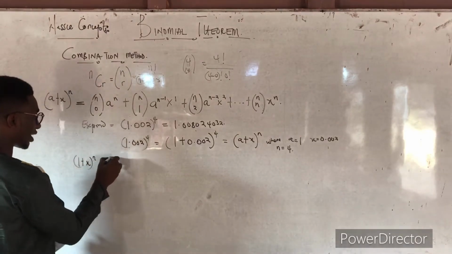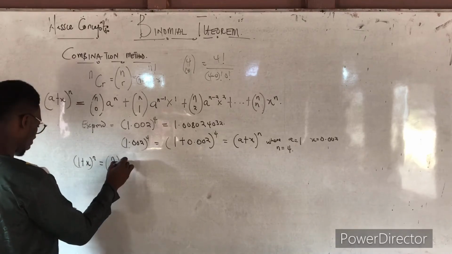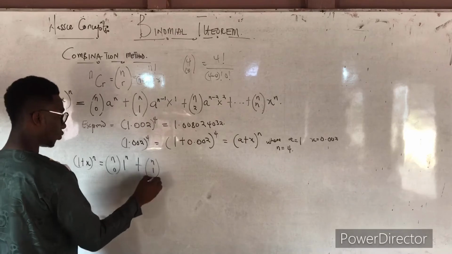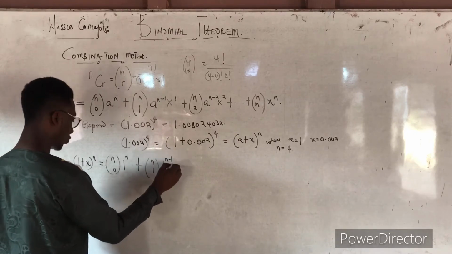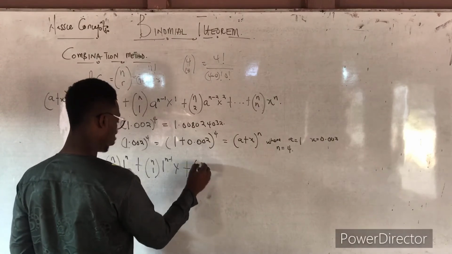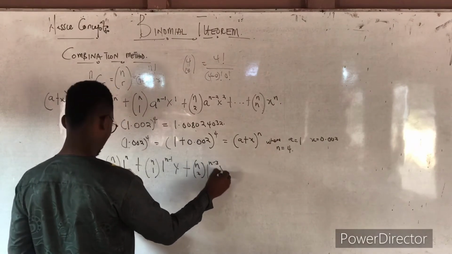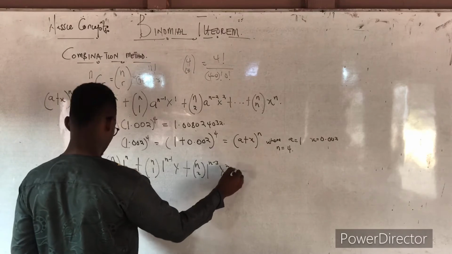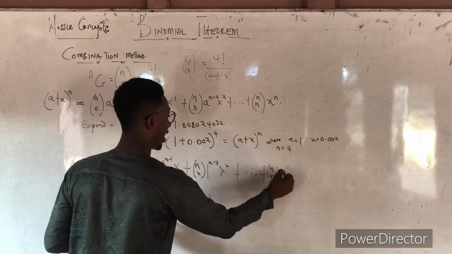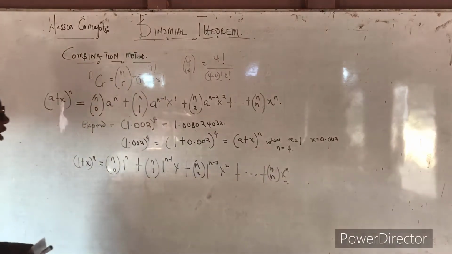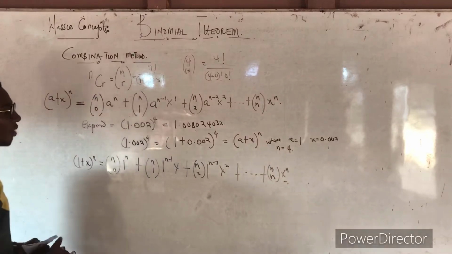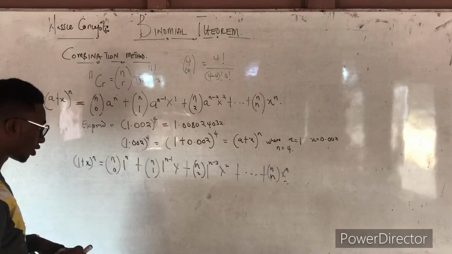The expansion says that, first of all, n combination 0 and 1 exponent n, plus n combination 1, 1 exponent n minus 1, x, plus n combination 2, 1 exponent n minus 2, x squared, and so on, plus n combination n, x exponent n. So anytime you have a being equal to 1, you can easily go by this expansion.